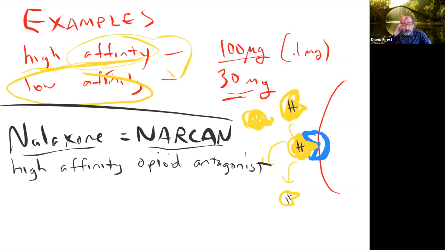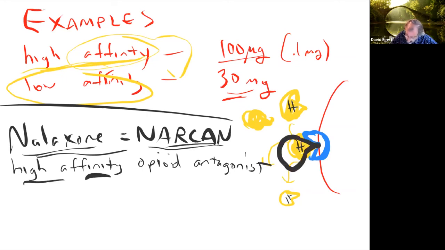One of the problems if you have too much of an opioid, in addition to making you floaty and feel good, is that it suppresses your breathing and you're going to suffocate and die. So what you need to do is somehow stop the effect of that overdose. So Narcan comes in, high affinity, it gets in the receptor.